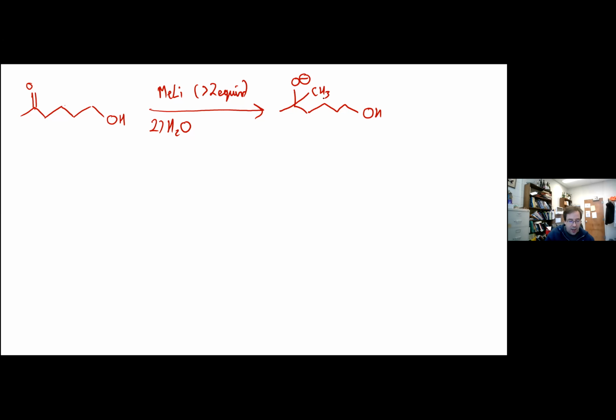So far we've looked at Grignards and methyl lithium, where it's all been carbons, and we've gone from ketones to tertiary alcohols. What if we want to go from a ketone to a secondary alcohol?